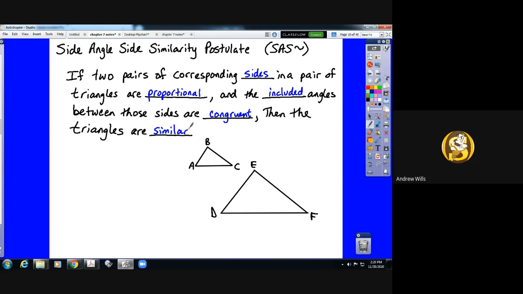What I mean by that is if we can show that AB is to DE as BC is to EF, so that proportion is true, and we can state definitively that the included angles, which would be angles B and E, are congruent, then that would be enough to state that the triangles are similar.